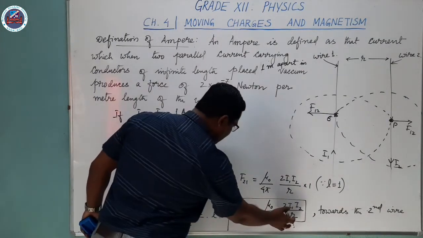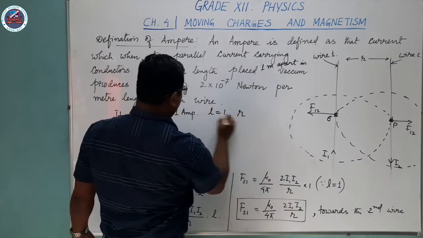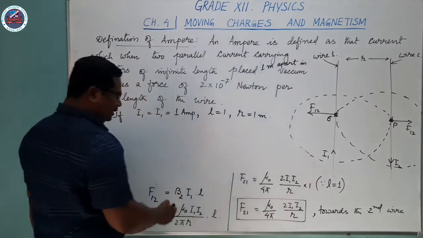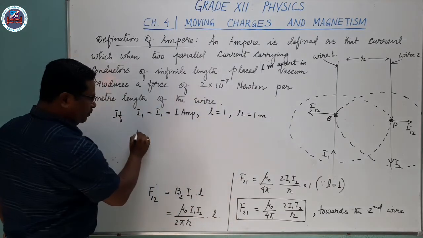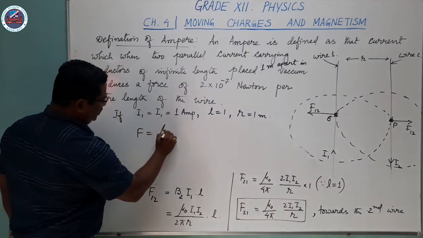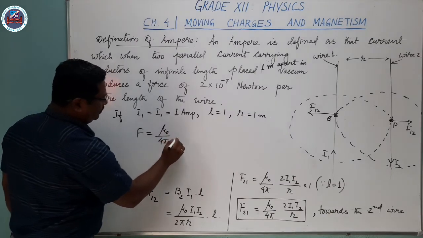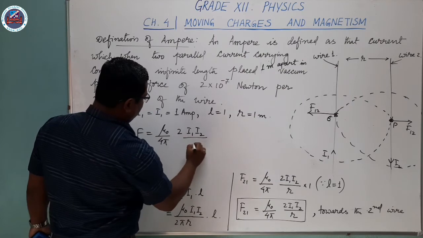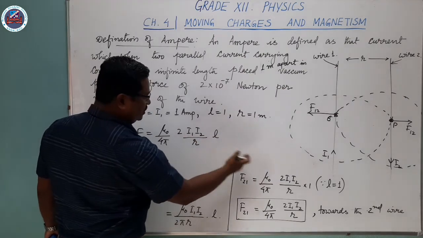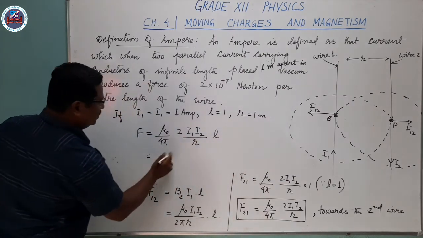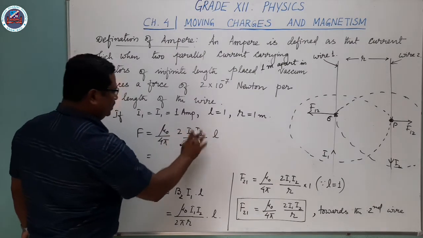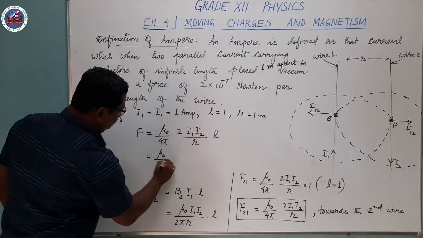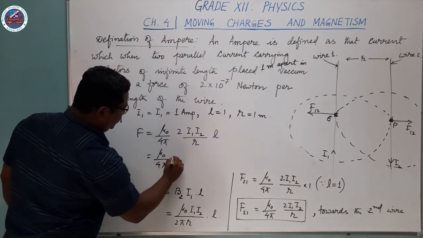So here distance r is equal to 1 meter. Then if you put it in the formula for force, mu naught divided by 4 pi, 2 times I1 I2 divided by the distance r into L. L is also 1 here. If you put these values, 1, 1, 1, 1, they all become 1, only 2 will remain. Mu naught divided by 4 pi into 2.